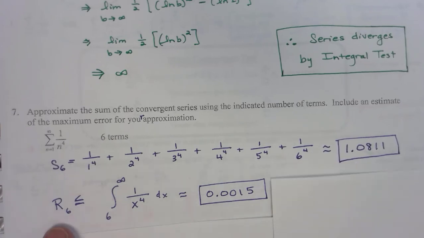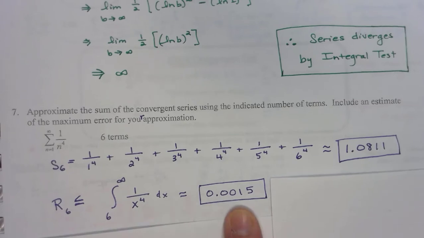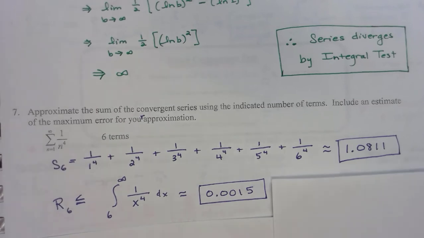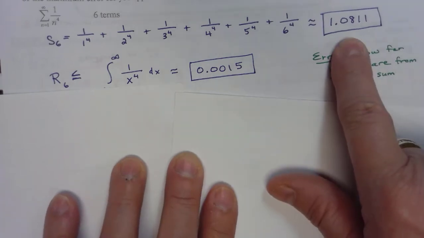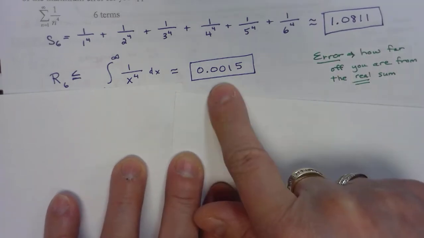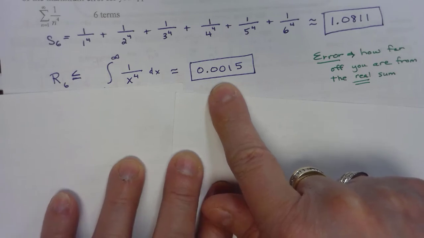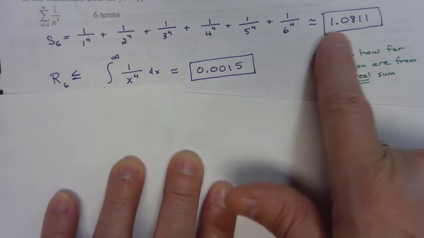So our remainder after the sum of 6 terms goes from 6 to infinity, and we can evaluate that on the calculator and find that it is approximately 0.0015. Now, what does that tell me about my actual sum of the series from 1 to infinity? If this is the sum after 6 terms, and this is the sum of all the rest of them, doesn't it make sense that our total sum would be this and this?